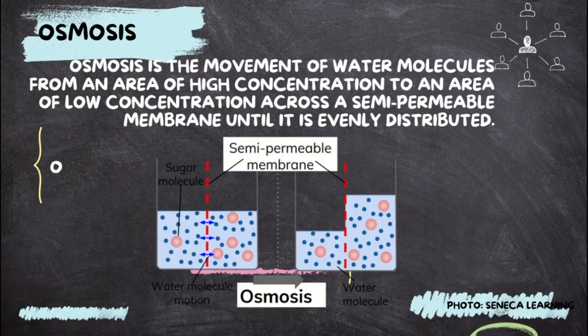So then now we have osmosis. Basically this is the movement of water molecules from an area of high concentration to an area of low concentration across a semi-permeable membrane until it is evenly distributed. Osmosis is very similar to diffusion, but the main difference is that it's taking place in water and it's also taking place across a semi-permeable membrane.